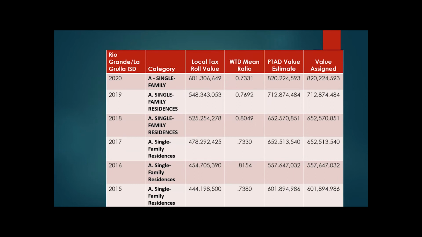But then in 2017, we increased the local value, and this is only category A. I'm just showing you that particular category. On category A, we increased the value from 2016 to 2017 by about 24 million, but it still didn't meet the expectation of the Comptroller of Public Accounts, and we still couldn't keep up with the market. And as you can see, in 2018 and 2019 we increased it more, but we're still even lower than 2015.